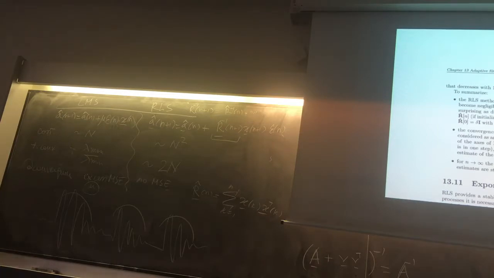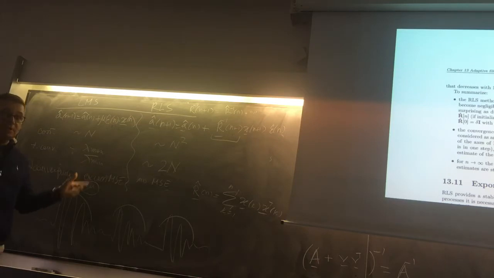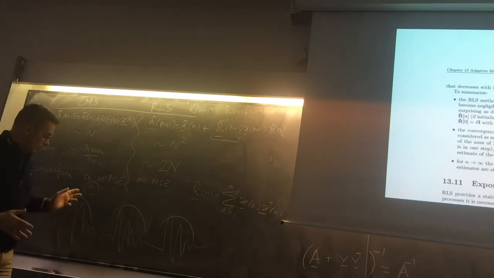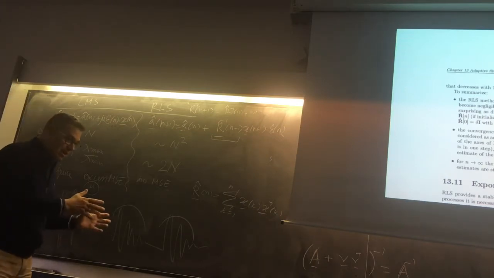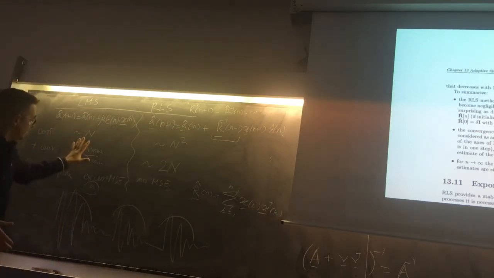Now what happens with LMS? It starts filtering, hits a non-stationarity, tries to adapt, tries to follow, slow and fast. If I'm lucky, the eigenvalue difference between lambda max and lambda min is small, then I reach convergence. Then I'm there, bam, a new non-stationarity, change. So this one is always ready to react.